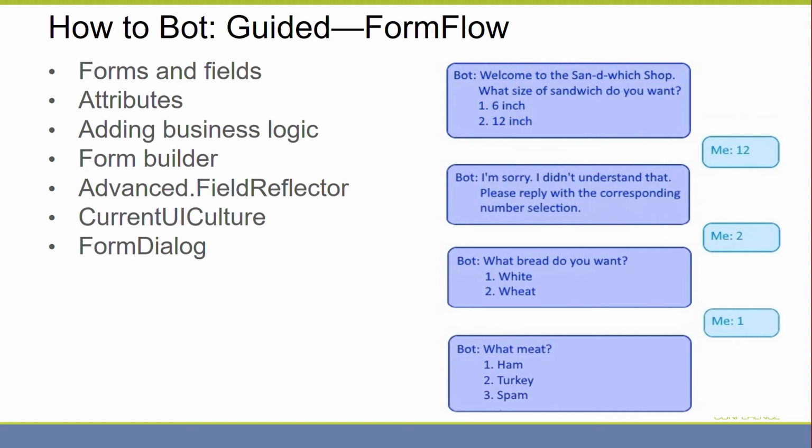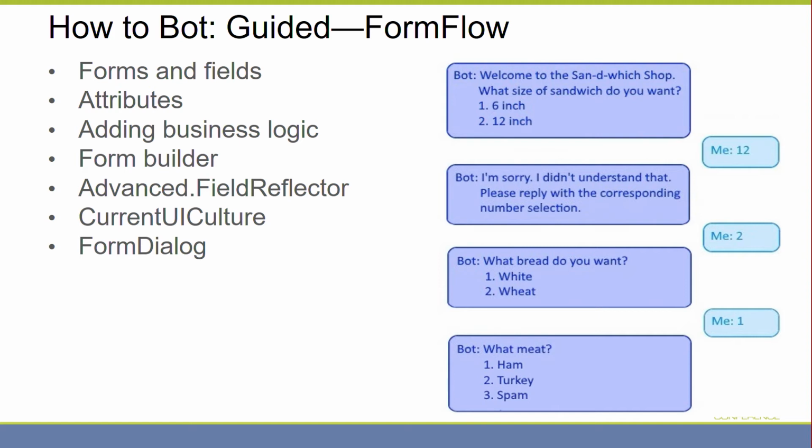Those are broken down into fields on the form inside the dialogue. Then you can give those different fields attributes, giving your bot what kind of a response you want when it asks for those fields. Then you can add in your own business logic using validate result, which allows you to take what's given to the bot and make sure that that works with the business logic that it's been given.